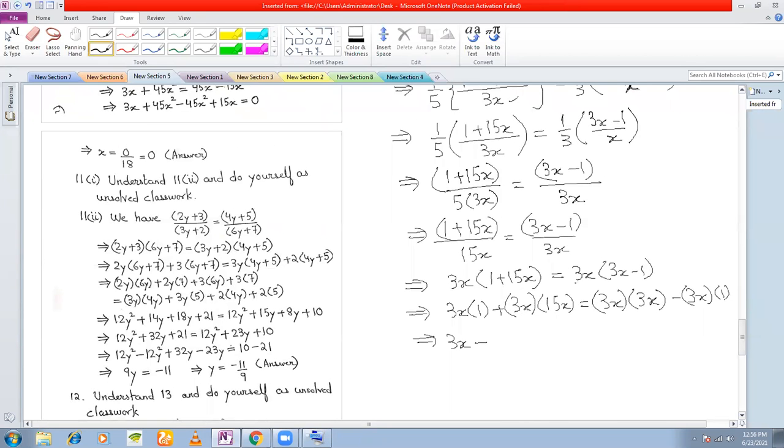So 3x into, this is a small mistake that I have made. This should be 15x, because if we cross multiply these two, 3x into 1 plus 15x is equal to 15x into 3x minus 1. Okay, so now you need to multiply on the left hand side, right hand side, in fact, you have 15x into 3x minus 15x into 1.